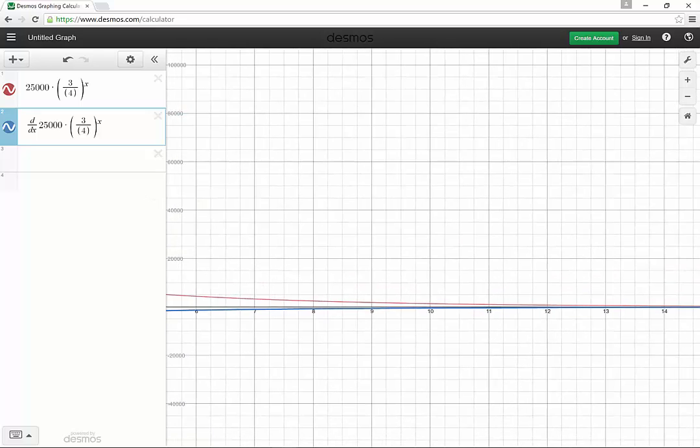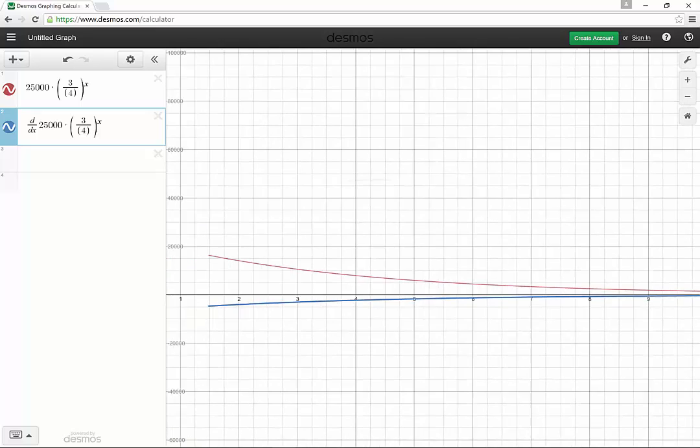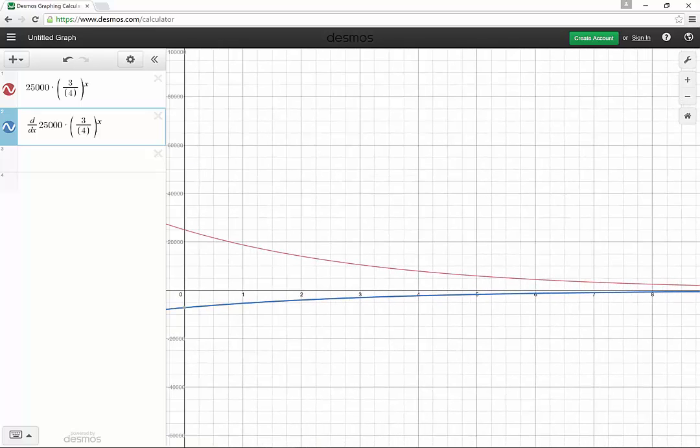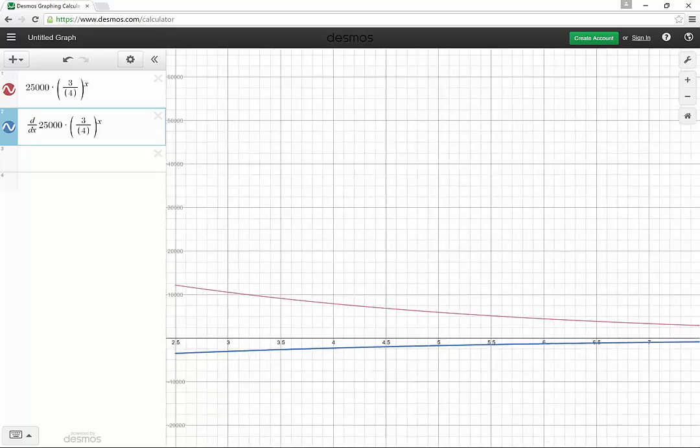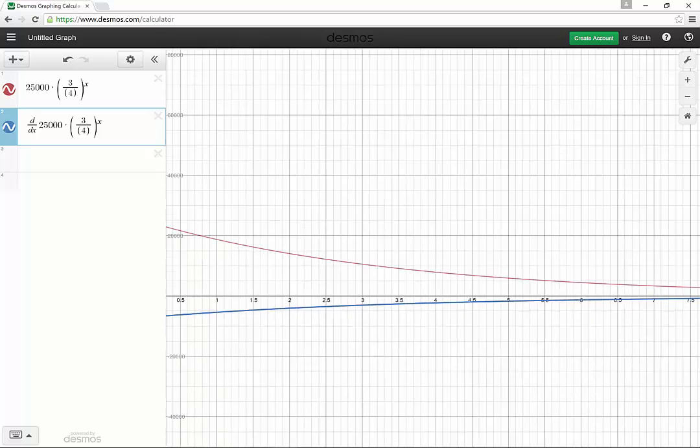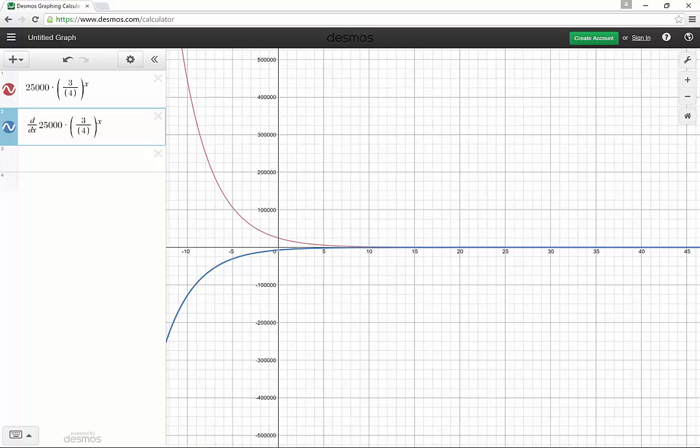So as you can see, if we bring in this graph, it's very, very rapid. Our domain starts at 0. It's very rapid at first, and then it's going to start leveling off, and after about 5 years, it starts leveling off a little bit more, really, once we get to year 8 or so, right?